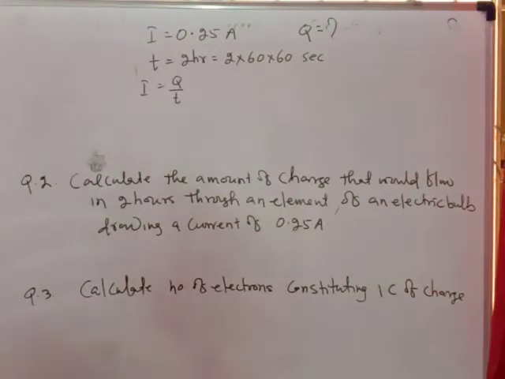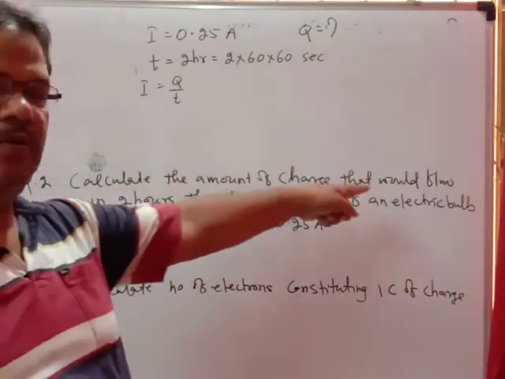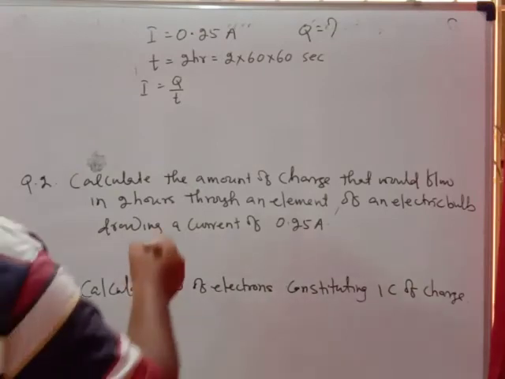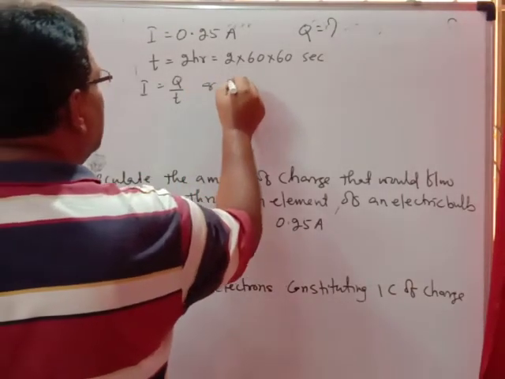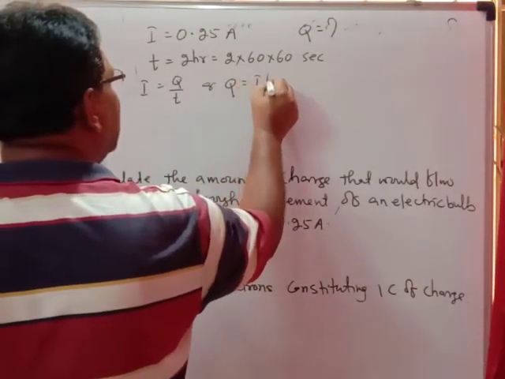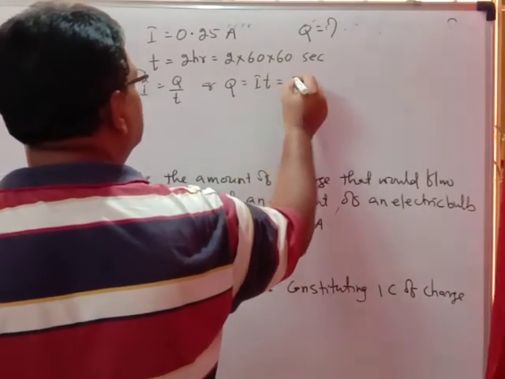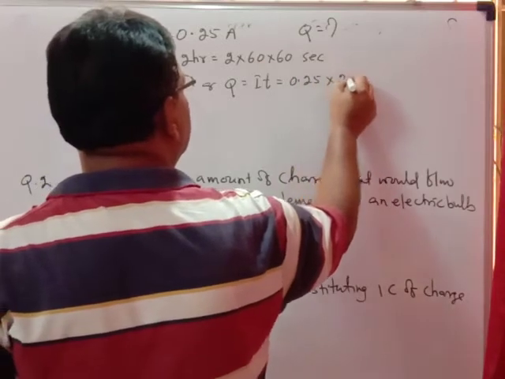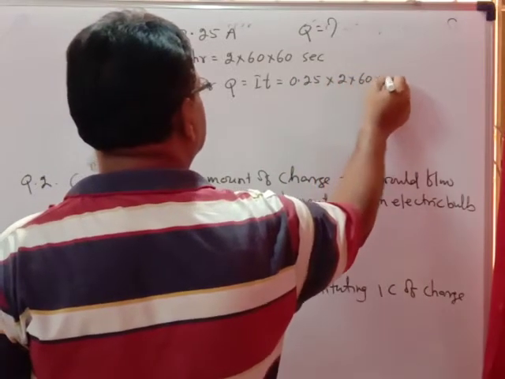So Q equals I into T, and this will be equal to 0.25 multiplied with time equal to 2 into 60 into 60.